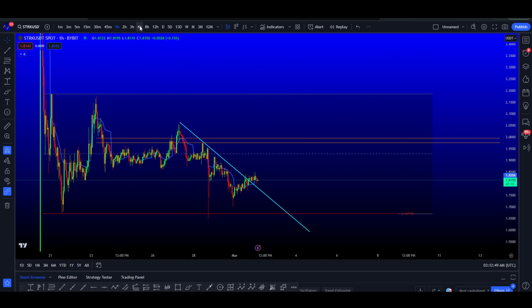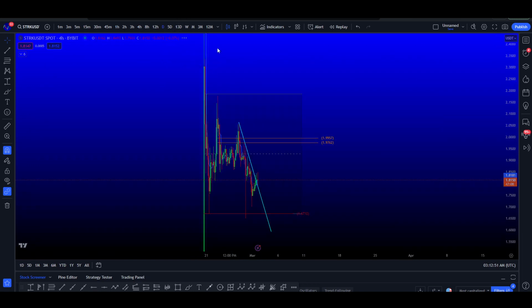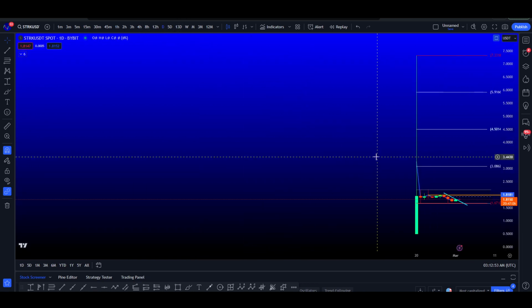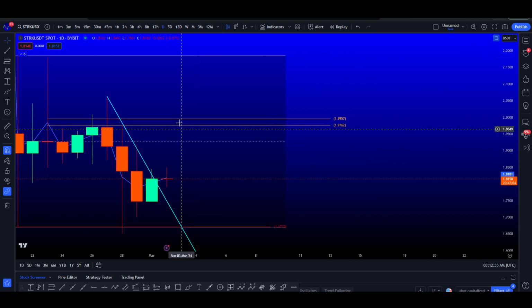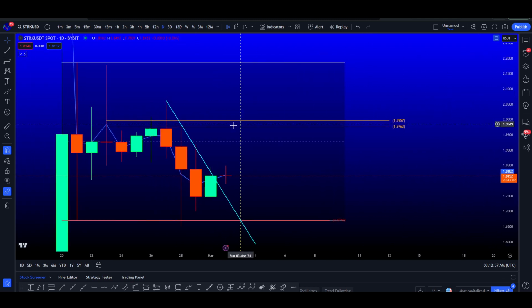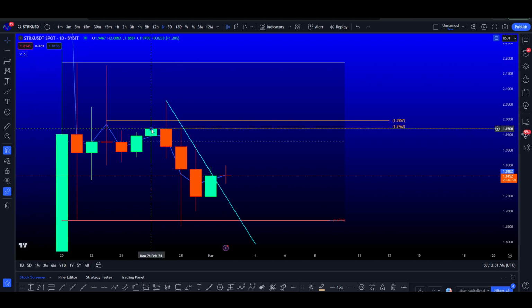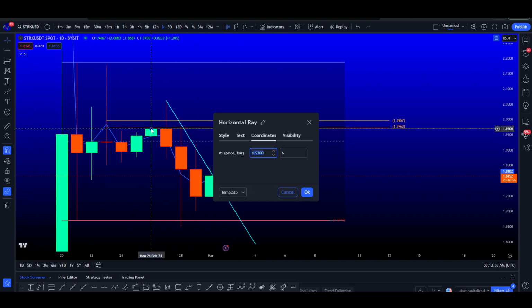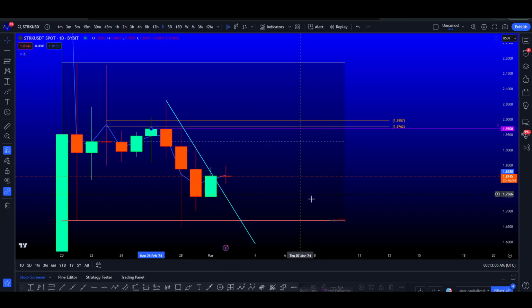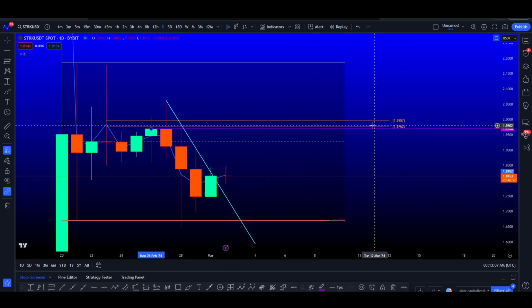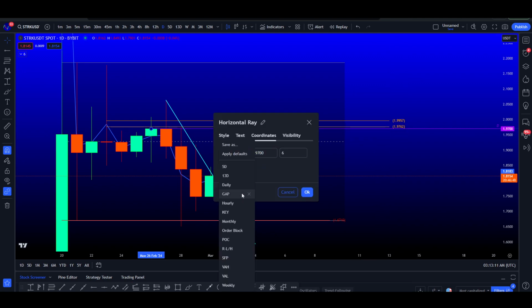Well, let's see here. Let's go ahead and mark out some high time frame levels. So we do have a daily which has been tapped, but it's still somewhat relevant. I'm going to keep this on here actually. We have a daily right here lining up right below the golden pocket. That's the only reason I am keeping this daily, because it's right below the golden pocket.